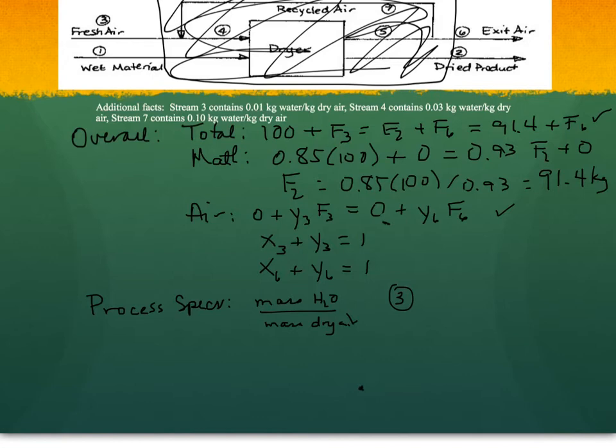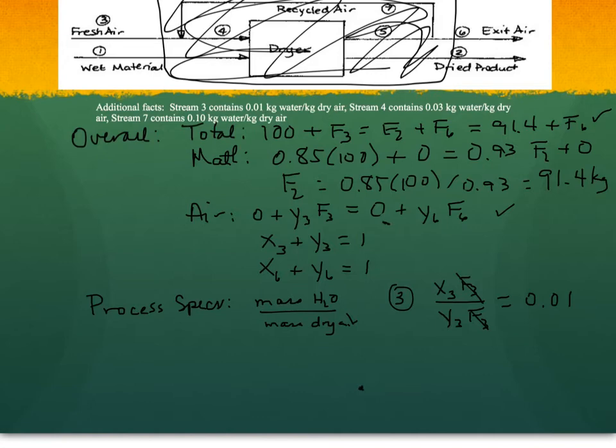What's the mass of water in stream 3? That's going to be x3 F3. And the mass of dry air in stream 3 is y3 F3. Now the F3's are going to cancel, so that's no big deal. x3 over y3 is equal to 0.01 kilograms of water per kilogram of dry air.